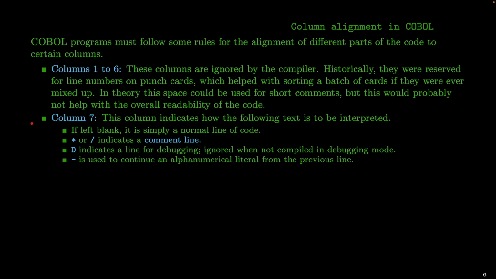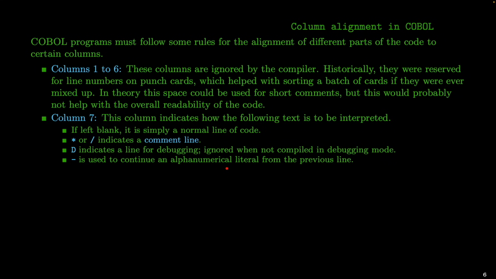Column 7 is a special column that is usually left blank, but if it's not left blank, we can either have a star or a slash to indicate that this line is a comment line, or we can have a capital D to indicate that this line contains debugging information, or we can have a dash or a minus if this line is used to continue an alphanumerical literal from the previous line.